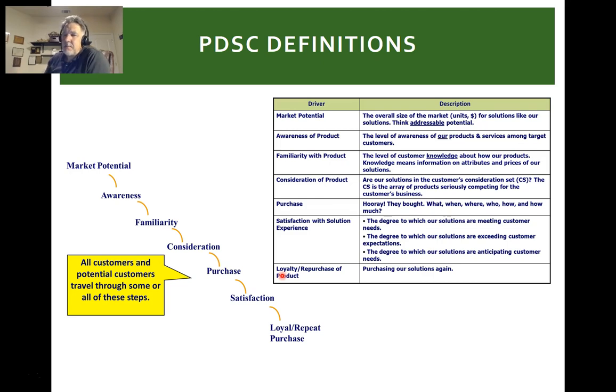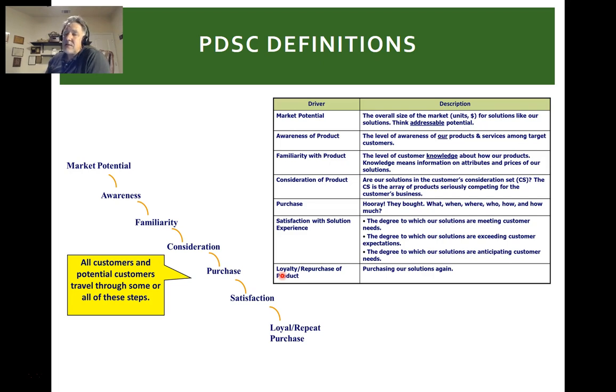The consideration set encompasses an array of products that are competing with you. And they're gathering information, as we talked about in the customer journey, or they may be testing it out. And then finally, the purchase. Okay, buy.